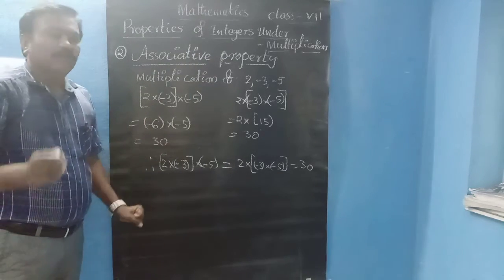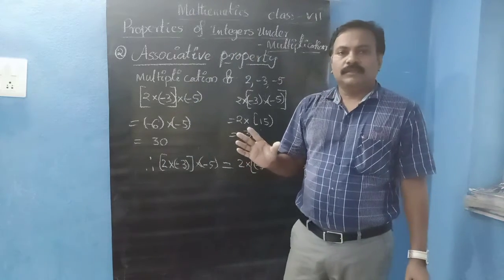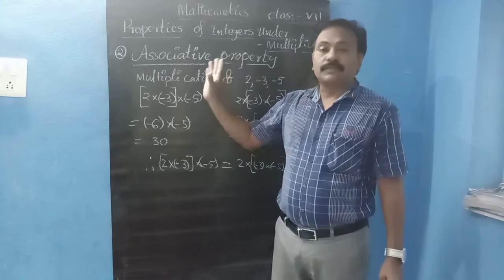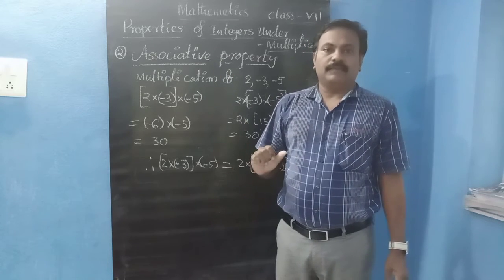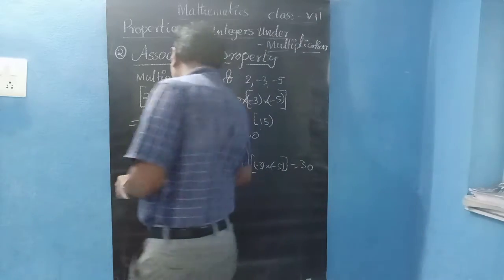In multiplication, if you group any numbers, it does not affect the product. This is called the associative property. What is the property? Associative property.